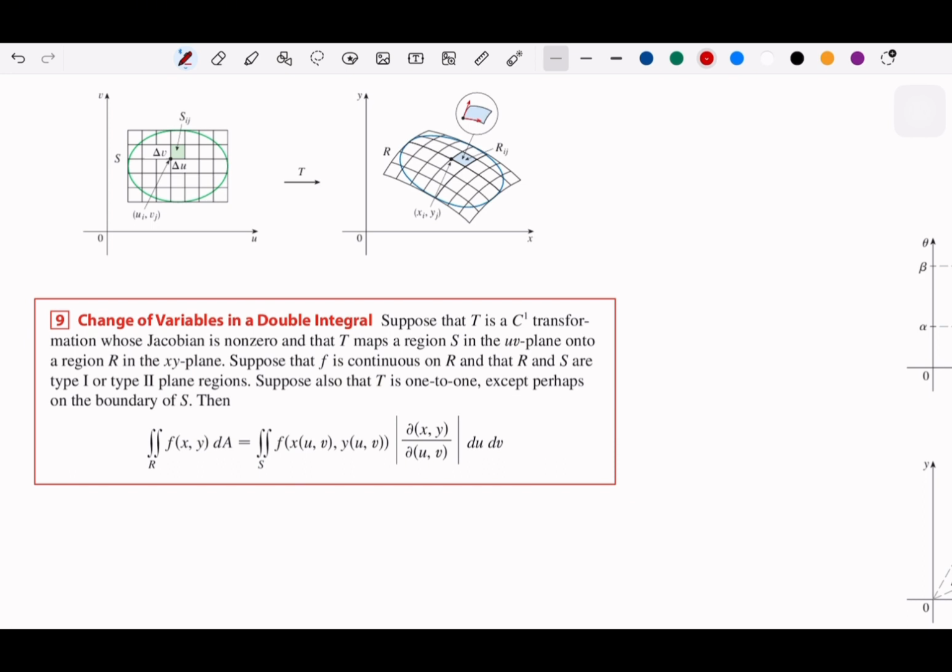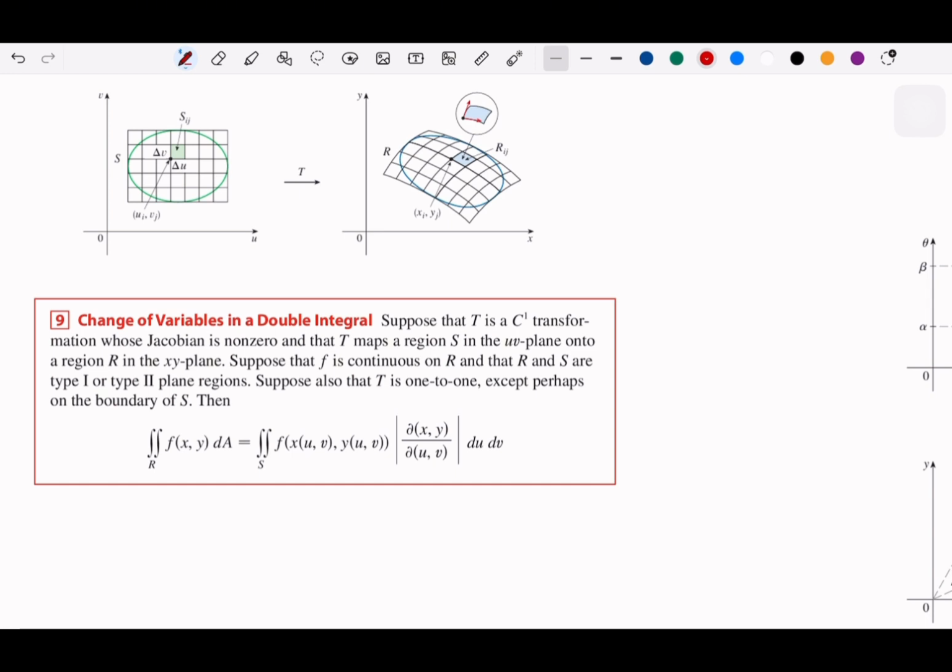From S to R, since it's really small, we can approximate it so that the tangent vectors will be equal to the vectors that are supposed to be the sides of a parallelogram. That's why we can have the cross product, which results in the Jacobian. Okay? So the Jacobian actually results from the area of the parallelogram of our vectors that are supposed to be on the sides here. Okay.